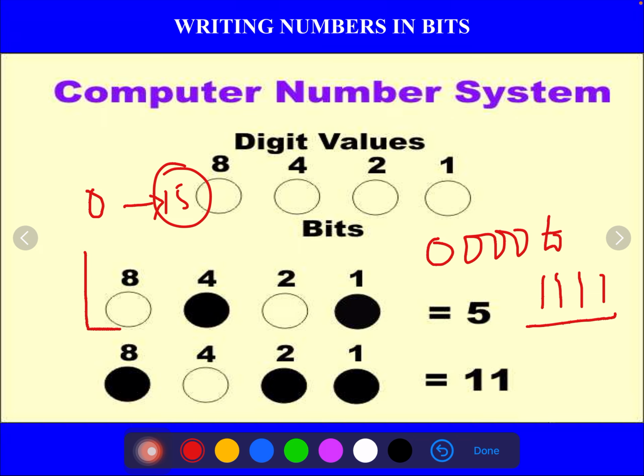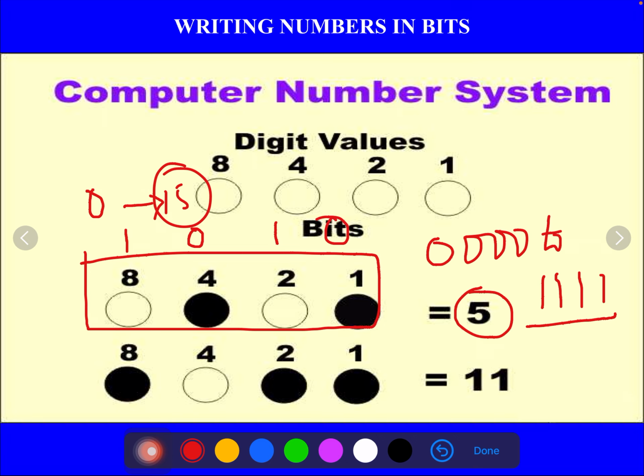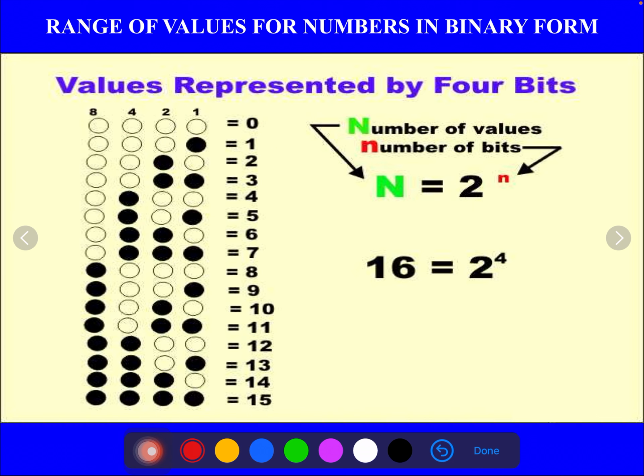Look at these values: as I said in the previous slide, white indicates 1 and black indicates 0. So 1, 0, 1, 0 indicates 5. Again, 0, 1, 0, 0 is 11. Like this it can be represented.